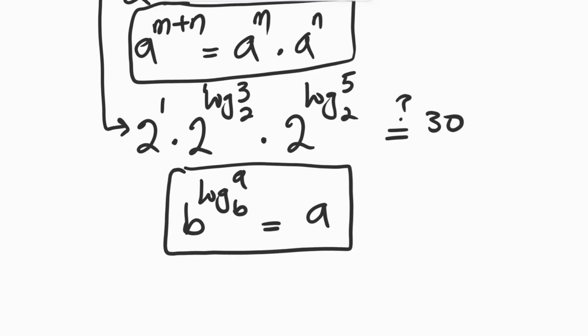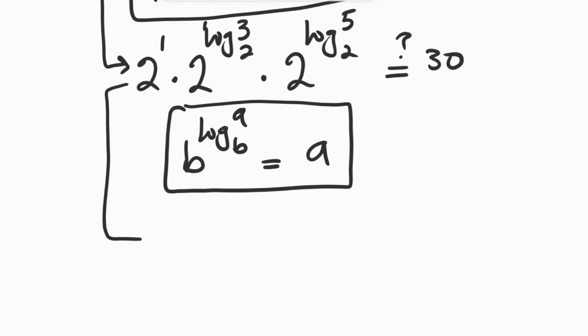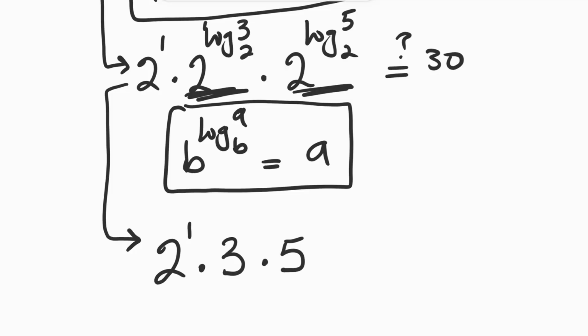Continuing from where we stopped, we have 2 raised to power 1 times, this now becomes 3, and this now becomes 5. Because from the rule, the b here is assumed to be 2, the b here is also this 2, and then the a is 3.